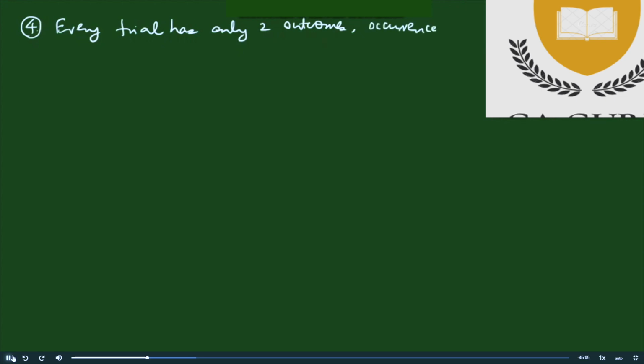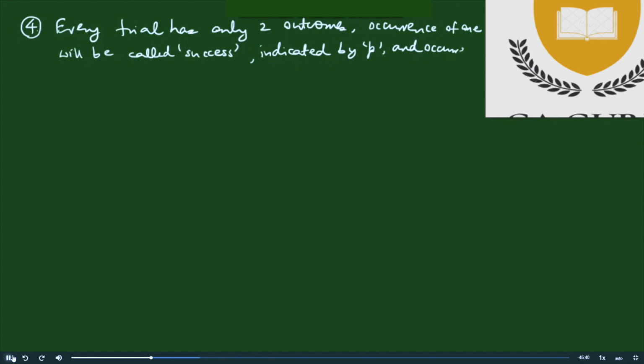Occurrence of one will be called success, indicated by P, and occurrence of the other is called failure, indicated by Q. And I will also put this in the form of a relationship.